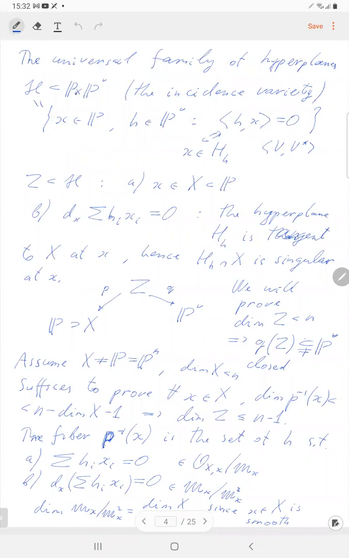Sorry, in fact, here it was not a strict equality, and that's what we proved. Okay, great, and we proved this Bertini theorem, and it's a very important theorem. We'll use it many times in our next semester, or in spring.